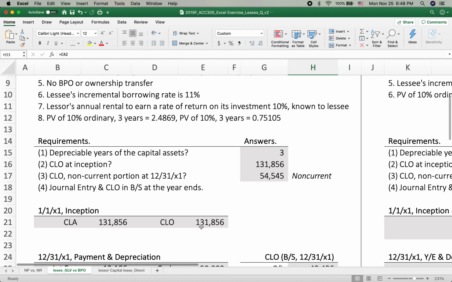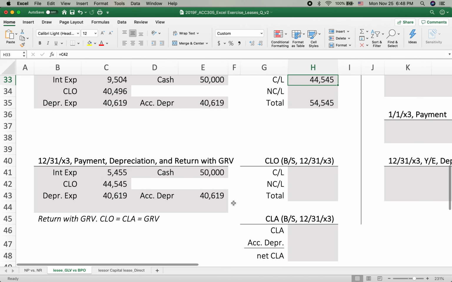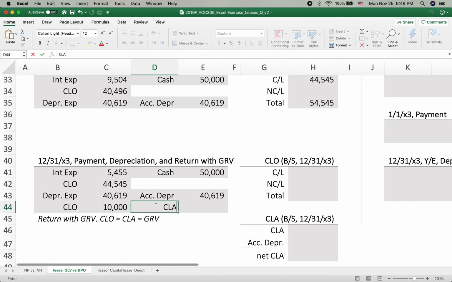The capital lease obligation has included the residual value $10,000. Because after the lease term, the lessee guaranteed the residual value $10,000 that will return how much? With $10,000, and capital lease asset will return with this amount.